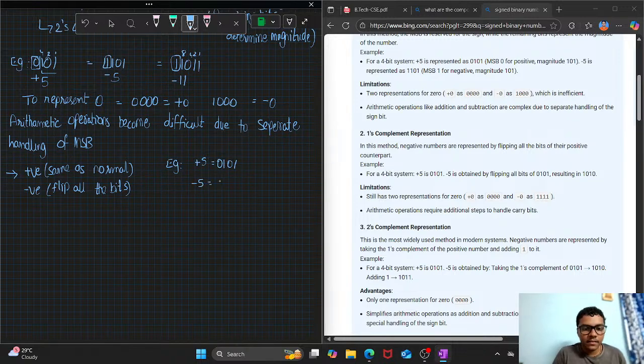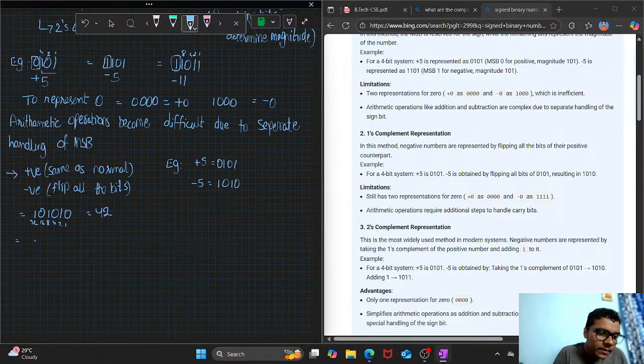And minus 5 is just flip all the bits 1, 0, 1, 0. That is it. So let's say 1, 0, 1, 0, 1, 0. What is this number? 1, 2, 4, 8, 16, 32. So 32 plus 8, that's 40, 42. So minus 42 will be 0, 1, 0, 1, 0, 1. That is minus 42 according to one's complement form.